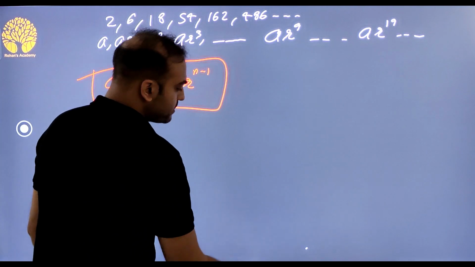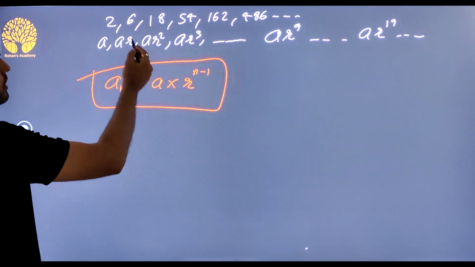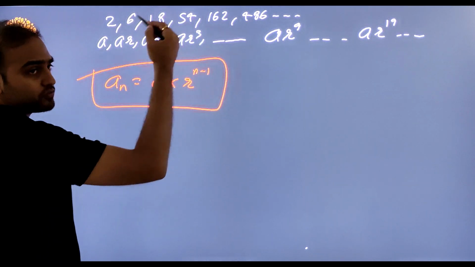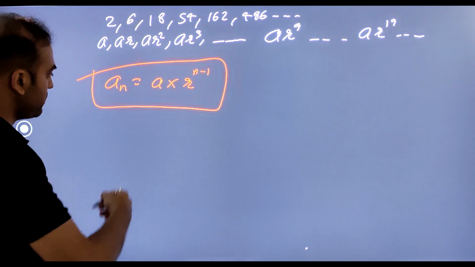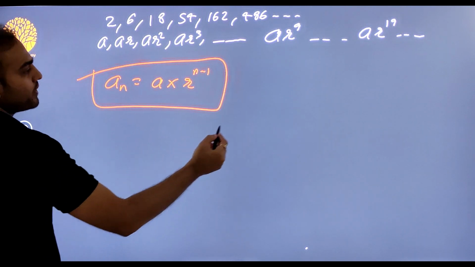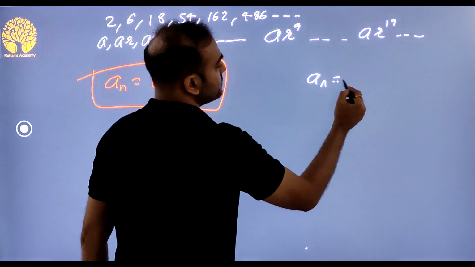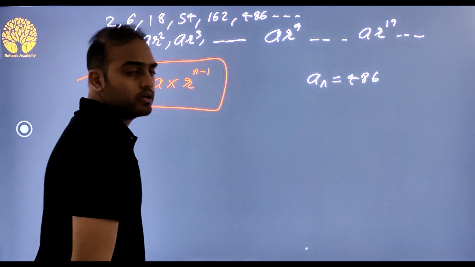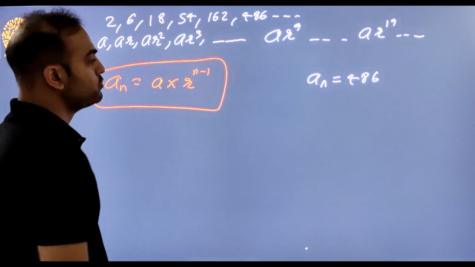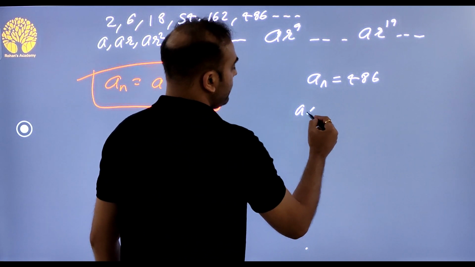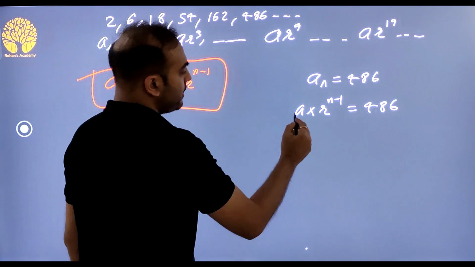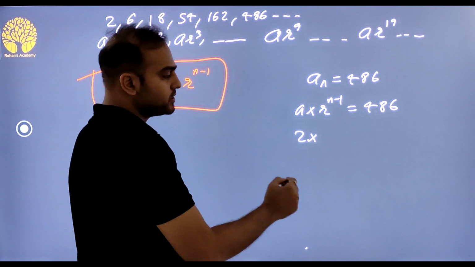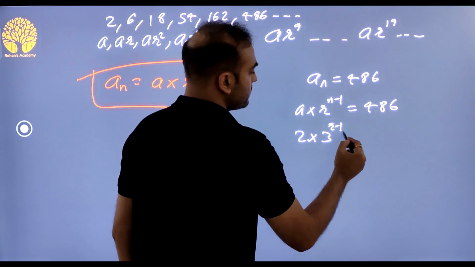Again, let's take an example. Say I know the sixth term of the series is 486. If I say the nth term of the series is 486, tell me what is n. So I will write a into r power n minus 1 is 486. a is 2, which is the first term, r is 3.